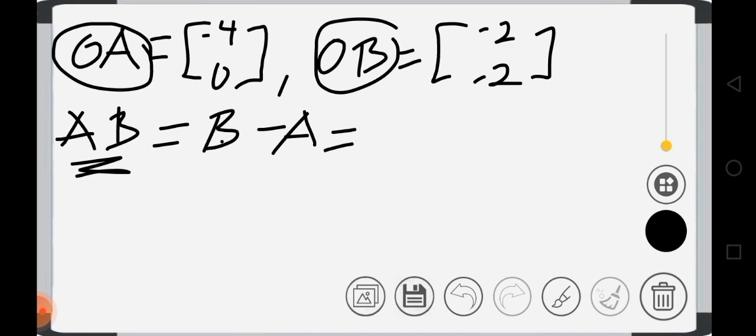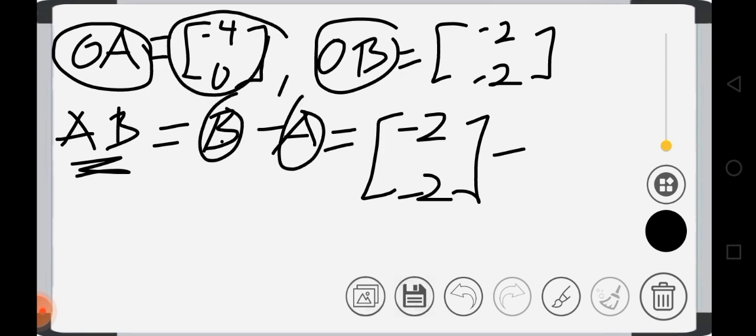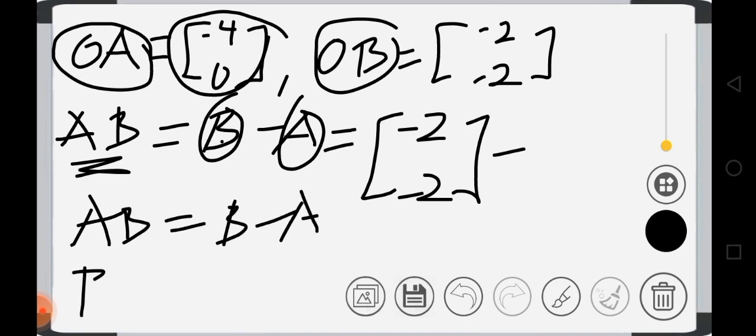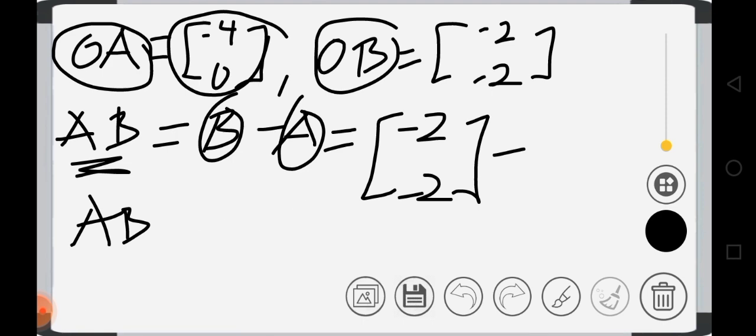So we are going to have minus 2, minus 2, then minus A. Vector AB is equal to B minus A. If I say what is vector PN? It is N minus P. The last one minus the first one.